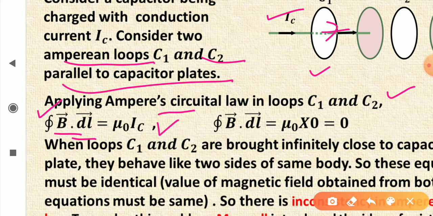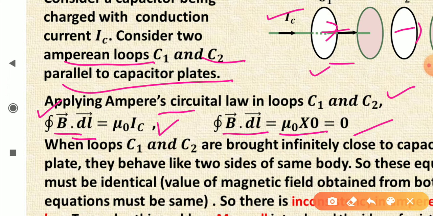And for this loop, there is no current enclosed by it. So for C2, the integration of B dot dl will be mu naught into 0, and that is 0. Now, since these are imaginary loops, we can have them anywhere.